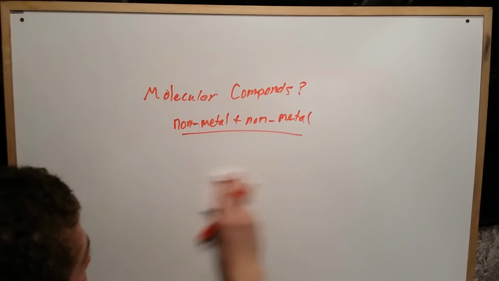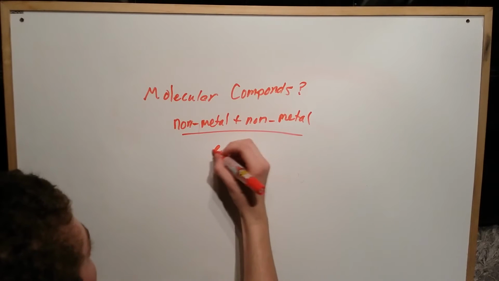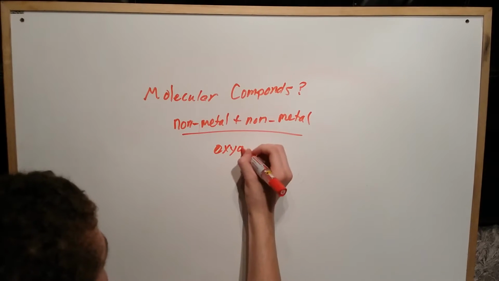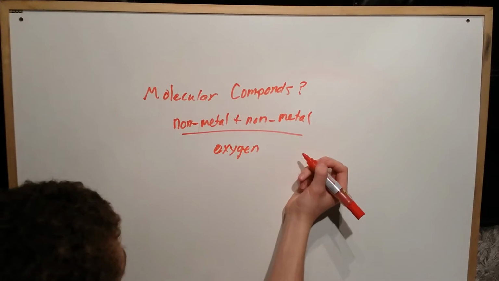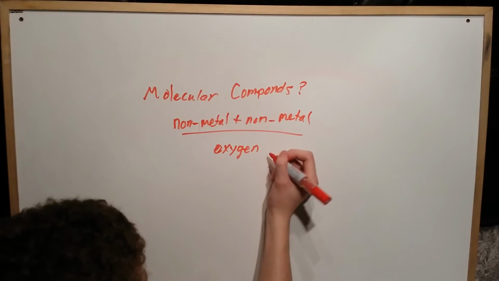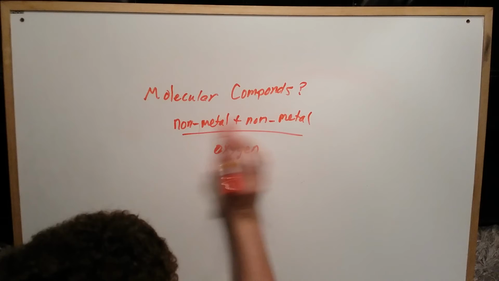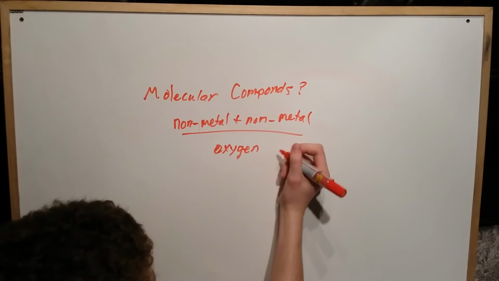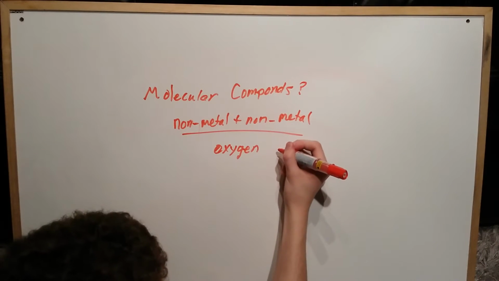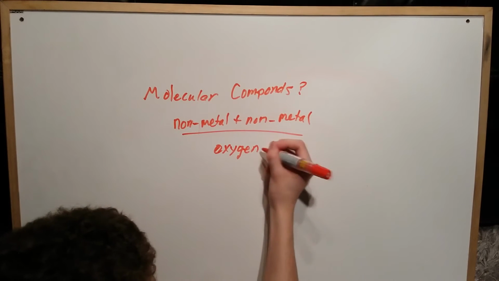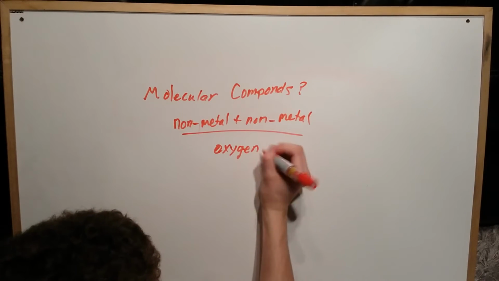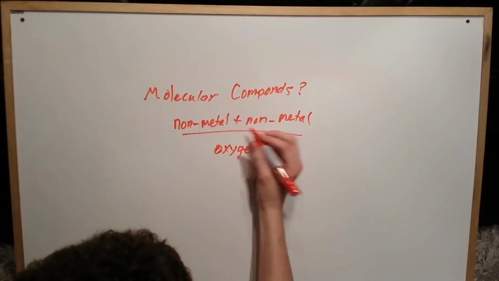Now, the one exception for this rule is oxygen, as I stated. So oxygen, when it is in a molecular compound, we'll do oxygen, 1 oxygen.